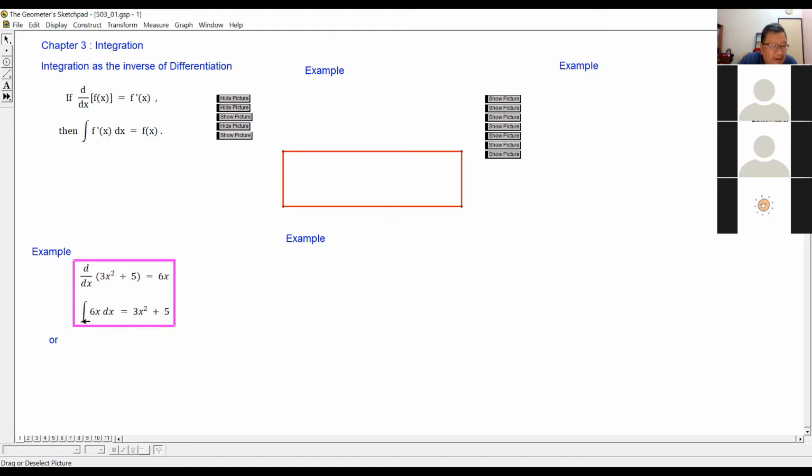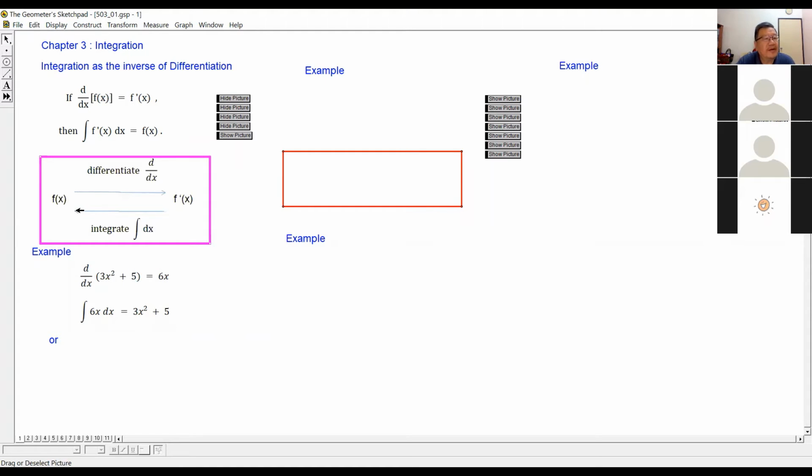So it is written like this. Integrate, the integration sign like that. Integrate 6x with respect to x, you will get back 3x squared plus 5. So we look at this picture here. f(x), you differentiate, you get f prime x.